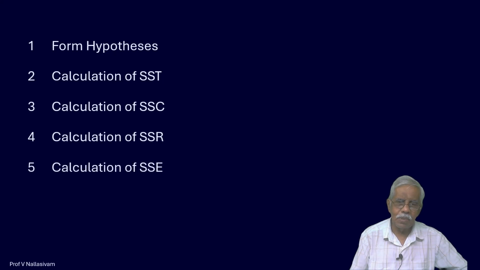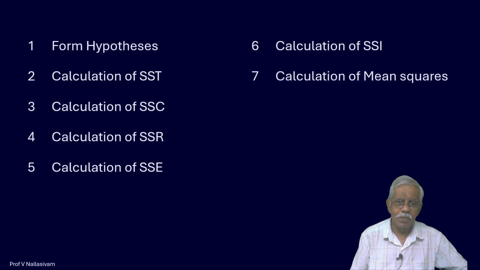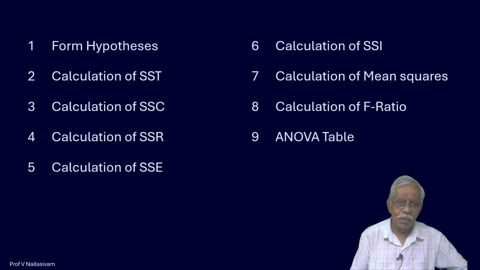Calculation of sum of square of errors. 6. Calculation of sum of square of interaction. 7. Calculation of mean squares. 8. Calculation of F ratio. 9. ANOVA table. 10. Results. These are the major steps in solving this problem.